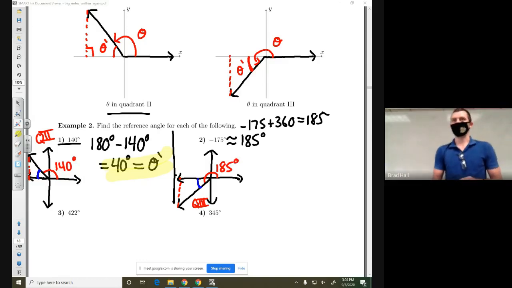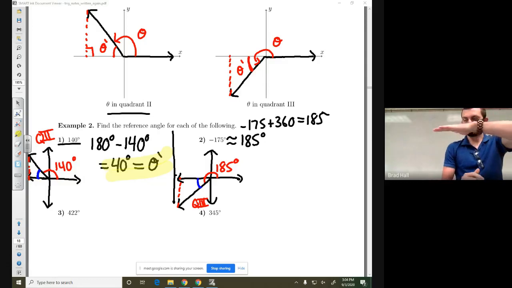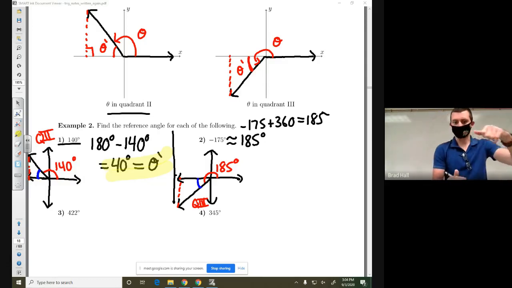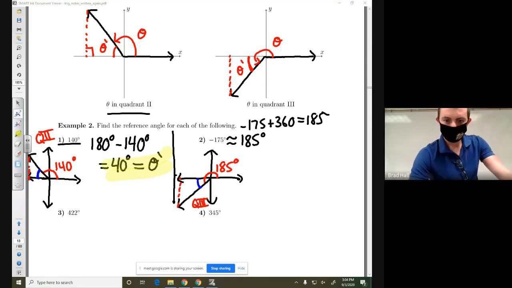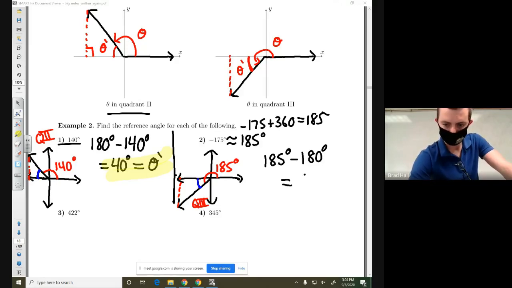It's 185 minus 180. 185 is the full red part, and then 180 is where the horizontal line is at. So as you can see, there's not a specific formula for this. 185 is the whole red arc, 180 is the horizontal, and the leftover part is 5 degrees.